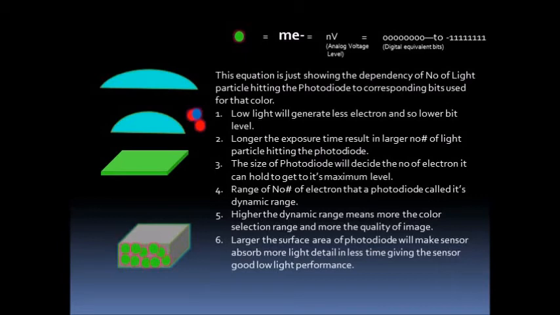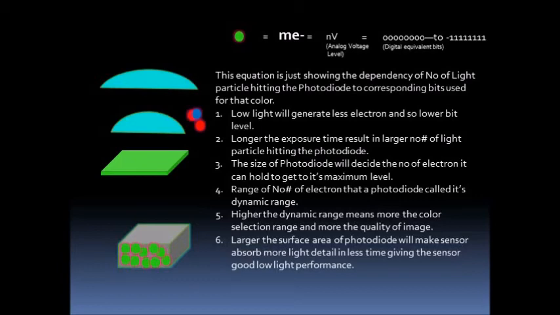So having more dynamic range lets it capture a high quality image, and a larger surface area will definitely give better low light performance, because in less time it is able to capture more light particles, getting more depth of colors from that object.